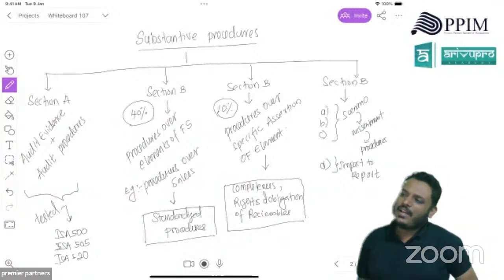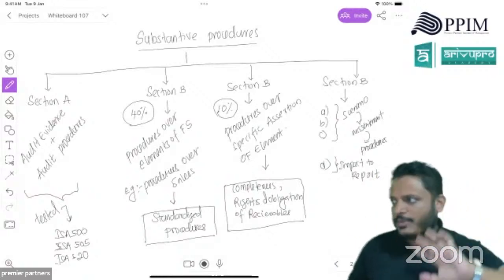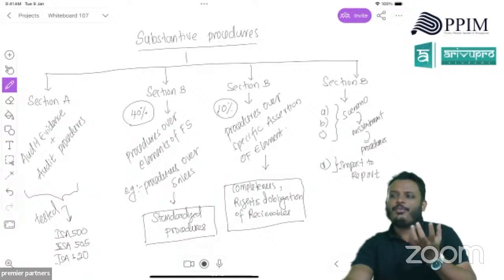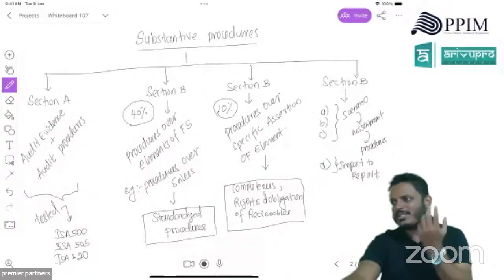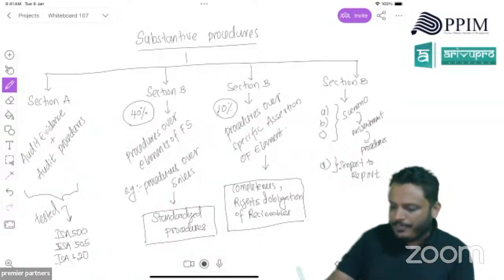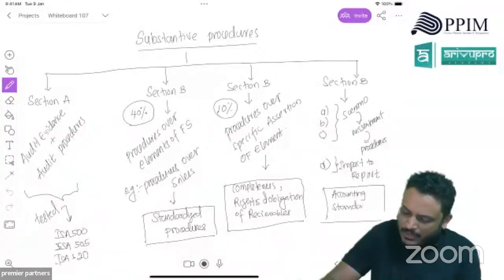These are normally not seen by students as assertion-focused procedures. Actually, they are assertion-focused, but most students at your level may not be able to capture that it's an assertion issue, so I make it very simple. Here it's an accounting standard perspective, and to understand that, you should know the accounting standard.